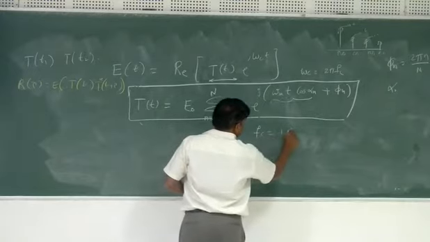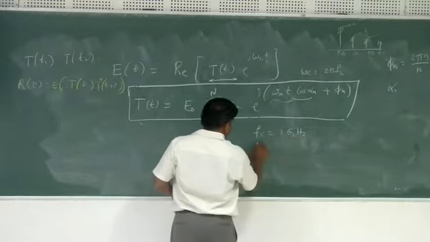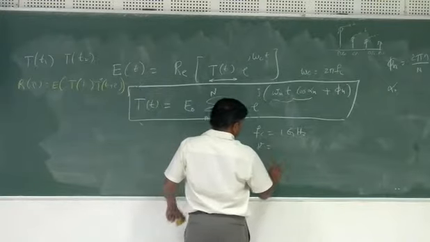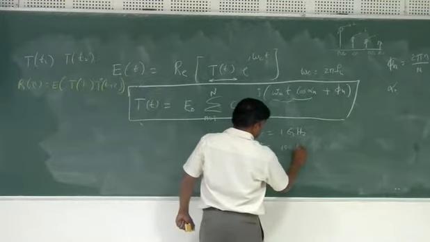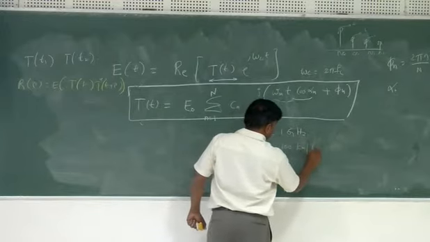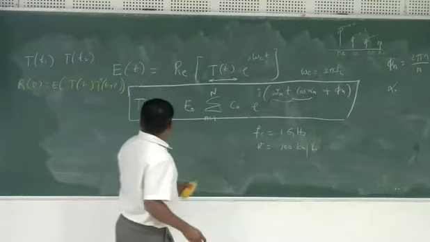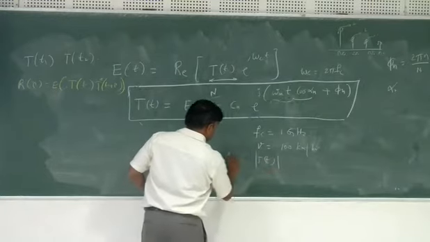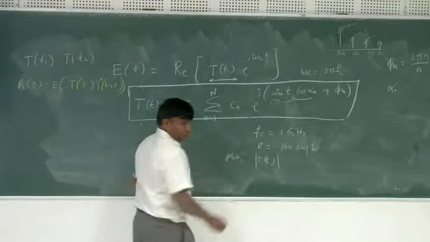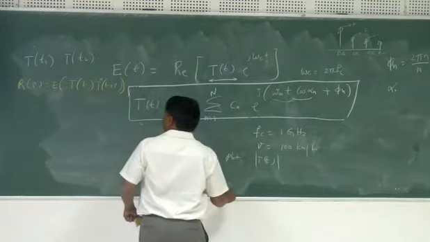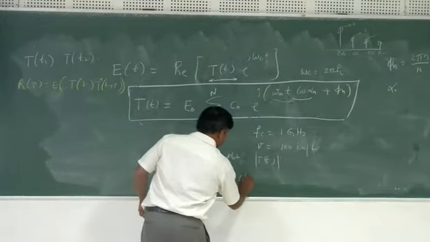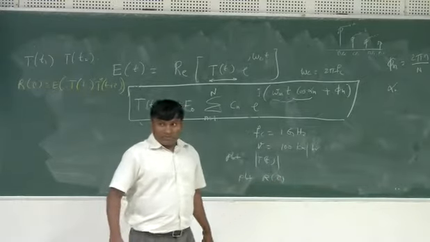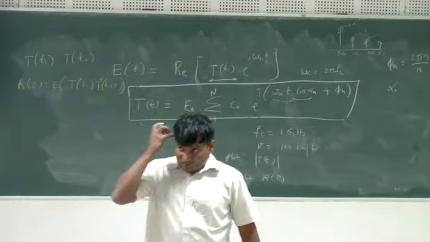FC is 1 gigahertz and the speed is something like 100 kilometers per hour. Okay. And I want you to plot magnitude and phase of T of T, and plot the autocorrelation function R of tau and compare that R of tau to the theoretically expected one, that we will derive.